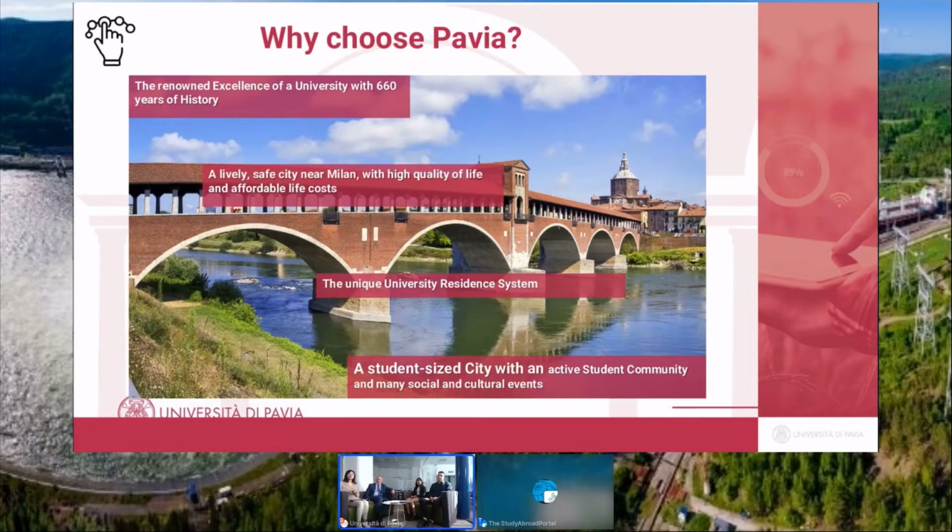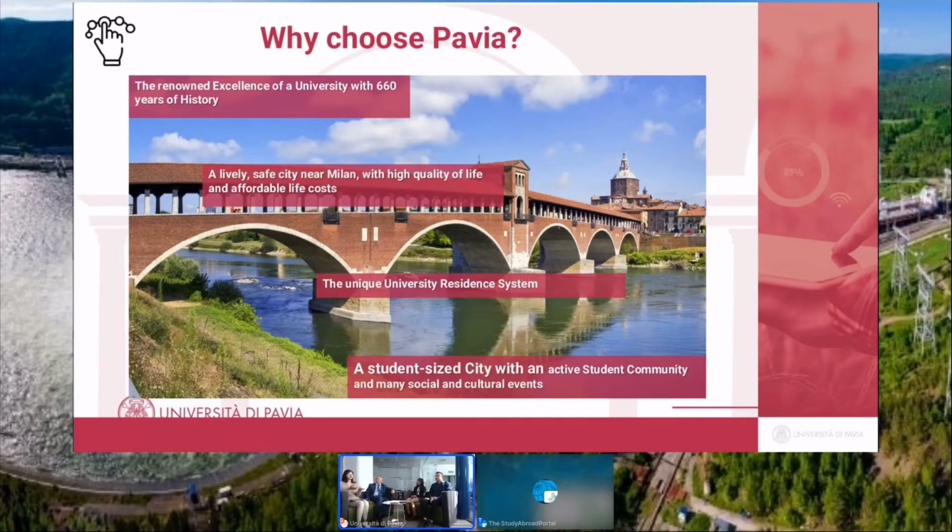The third point is that the University of Pavia has a very unique university residence system. Here in Pavia, there are more than 20 university dormitories. So if you apply for the EDISU scholarship, you can choose to include the accommodation in the scholarship.